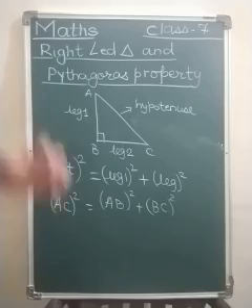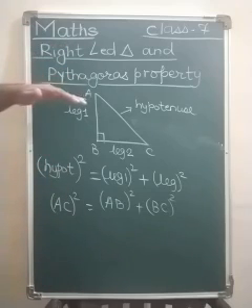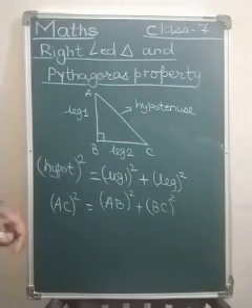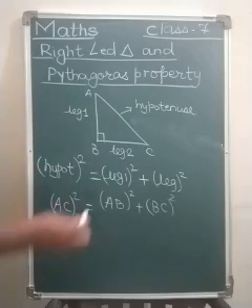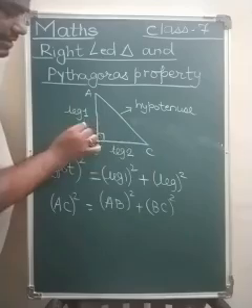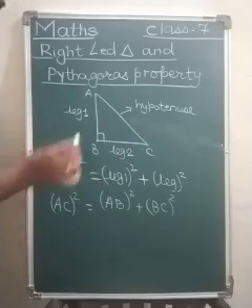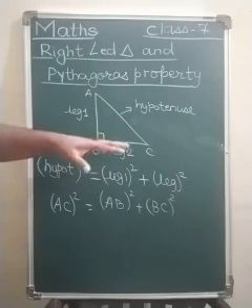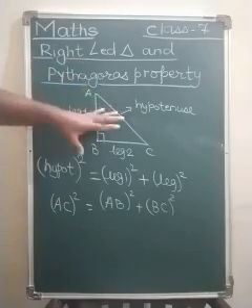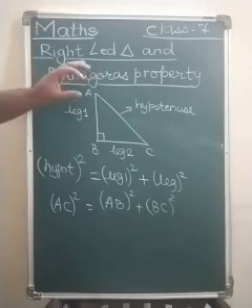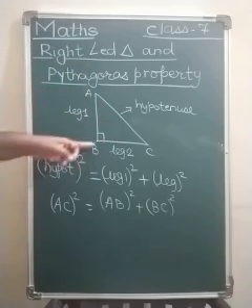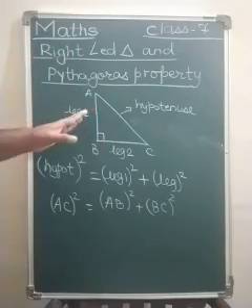Exercise 6.5, all the sums are based on this Pythagoras property, leg 1, leg 2 and hypotenuse, or you can name them also. Now one more thing, hypotenuse is always greater than the other two sides. So whichever side is greater, that would be called as hypotenuse. Pythagoras property holds true only for right angle triangles and no other triangles.